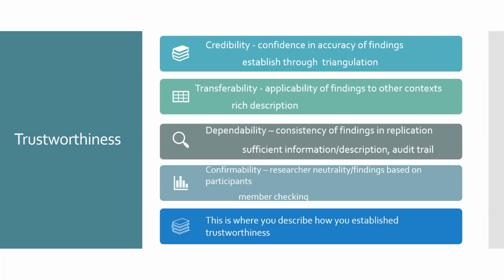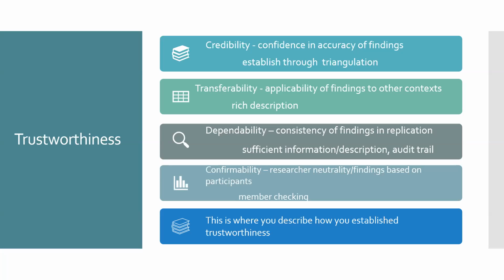Maybe, for example, you said that you would conduct member checking to establish confirmability and maybe credibility. Member checking has to do with, once you have your results, presenting a brief summary of the results to your participants and having them talk with you about the results.